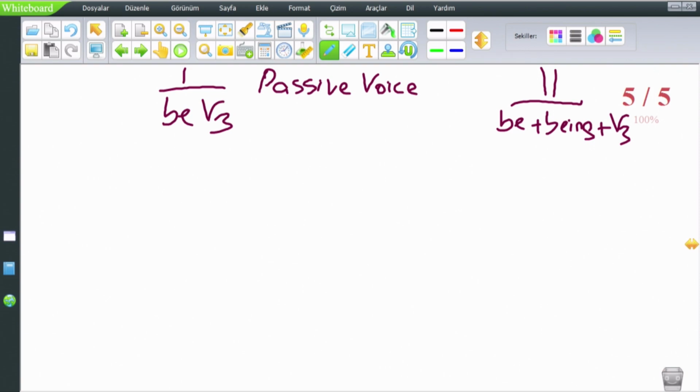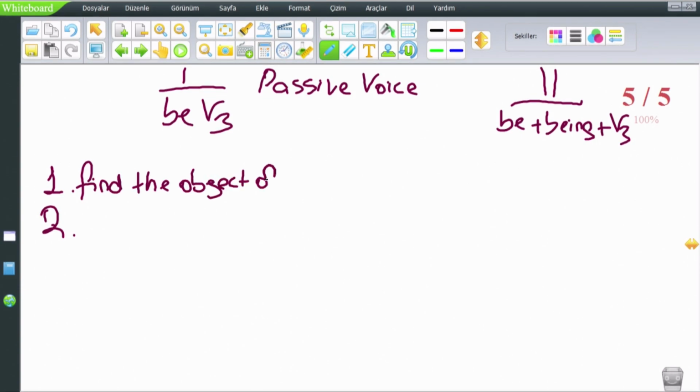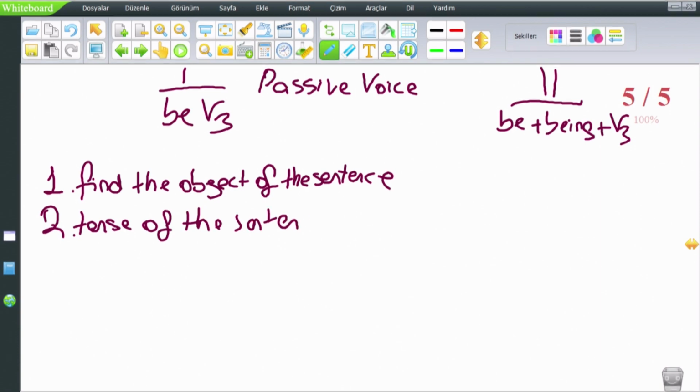For example, we had two rules. The first rule was to find the object of the sentence. And the second rule is you have to find the tense of the sentence. Why do we find these?